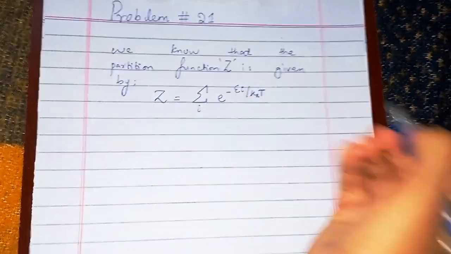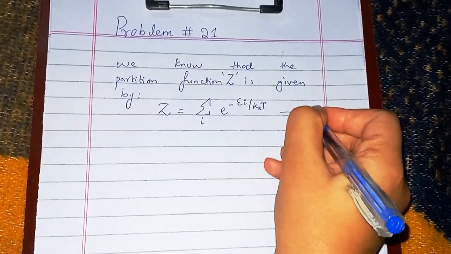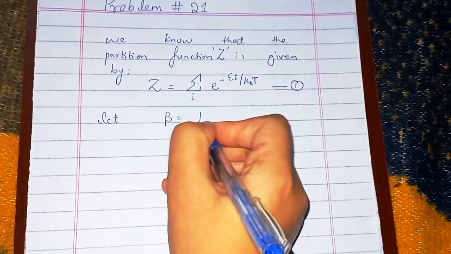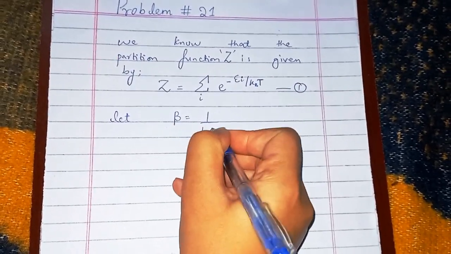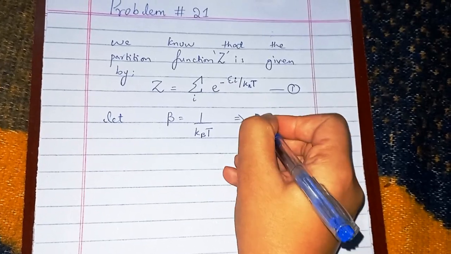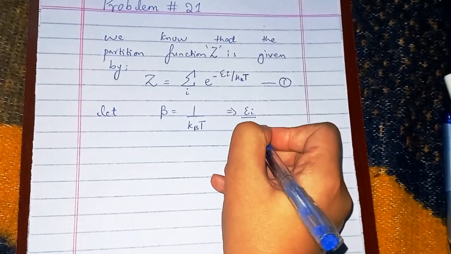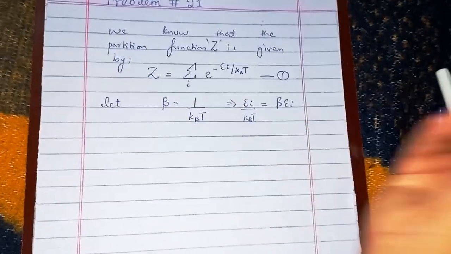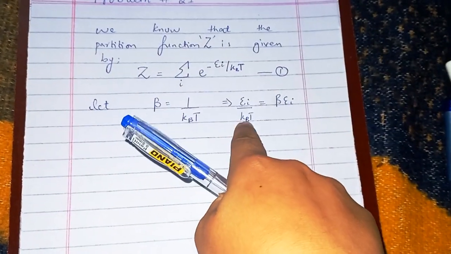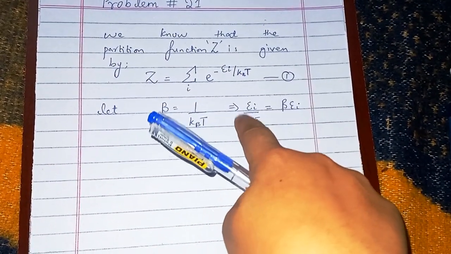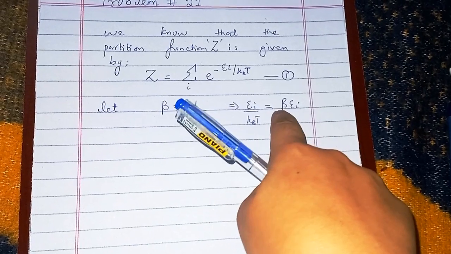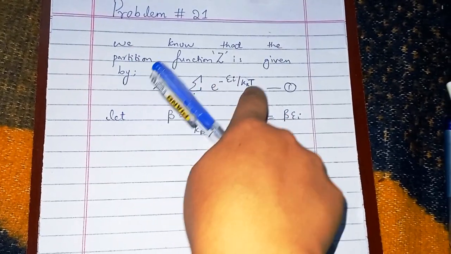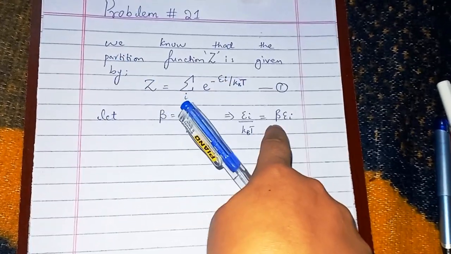Okay, so this is the general formula of the partition function, and as given, beta equals 1 over kBT, which implies that ei by kBT would simply be equal to beta ei. Because 1 over kBT is beta, so we'll put 1 over kBT as equal to beta, and ei remains like that. So we'll replace this whole term in the power with beta ei.